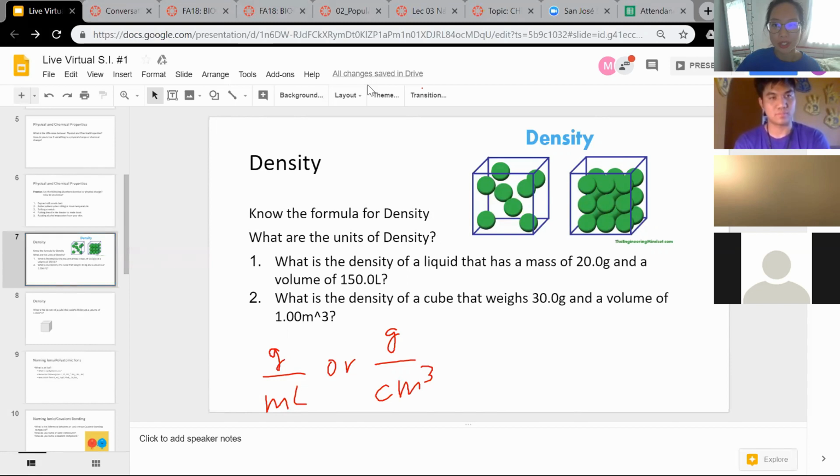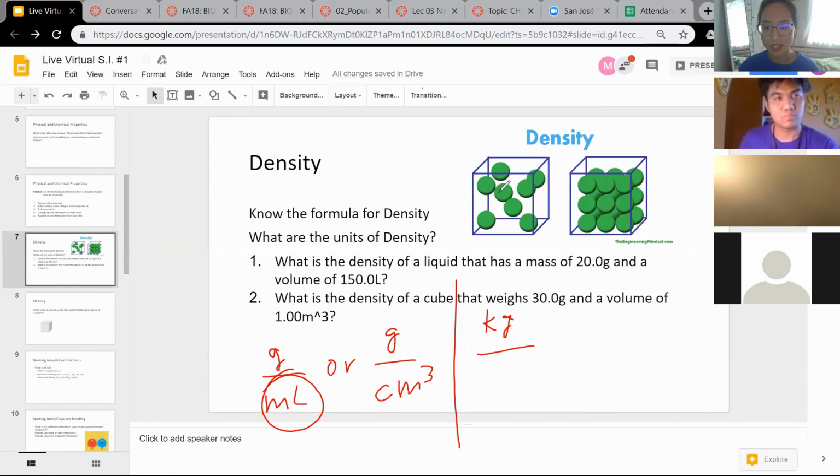So I'm gonna do an example. Let's say we want to express it in kilograms, right? If you want to do that, you would have to change the bottom part to match the kilograms part. So in order to get from grams to kilograms, we divide by 1,000, and you would have to change the mL part by 1,000 as well.